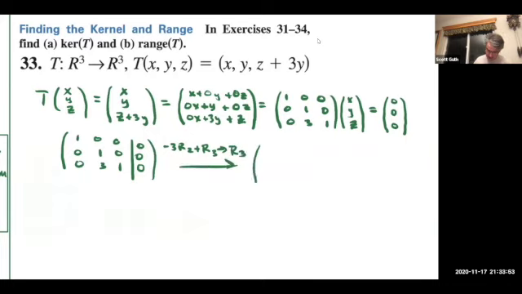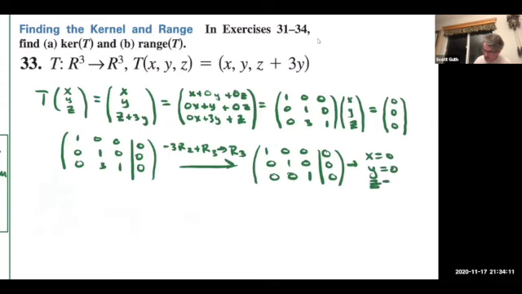So in the end, you just end up with sort of an identity matrix with an augment on the right, like that. So this tells you that x equals 0, y equals 0, and z equals 0.